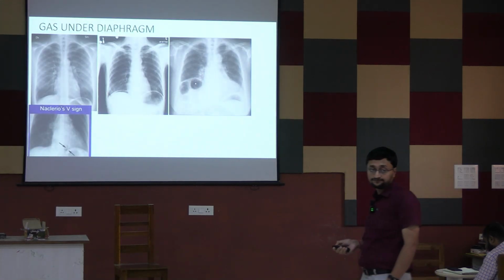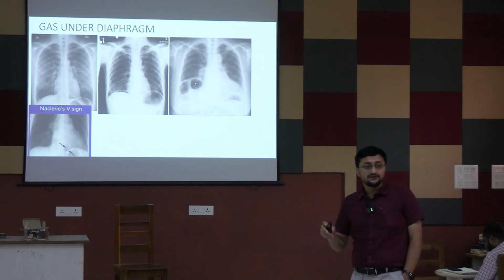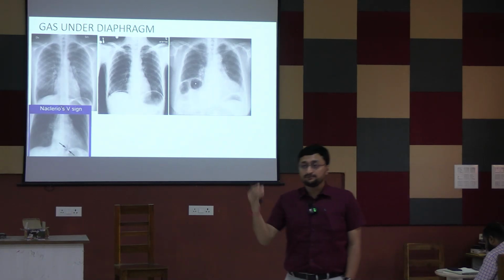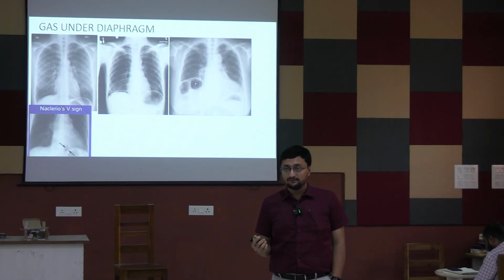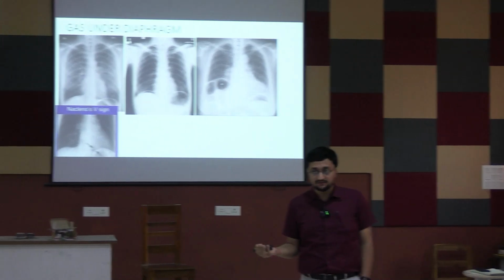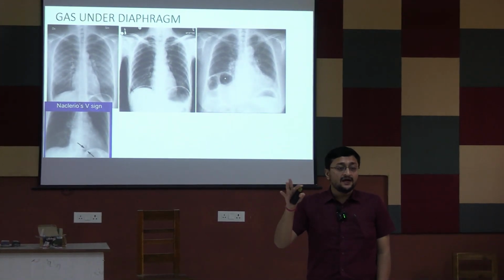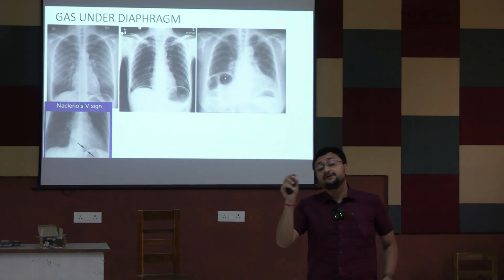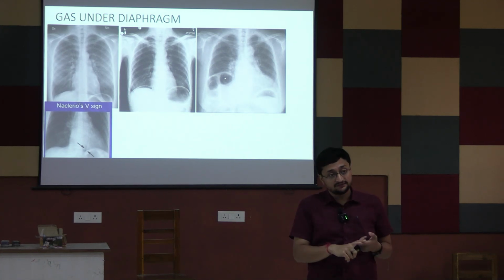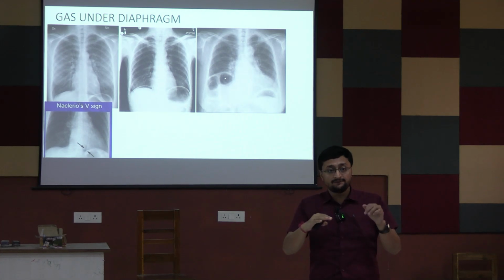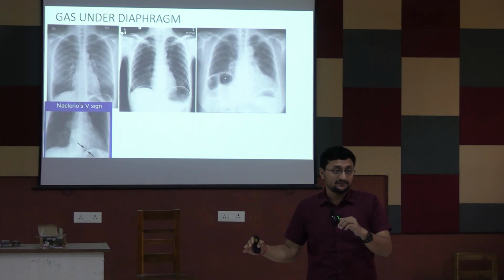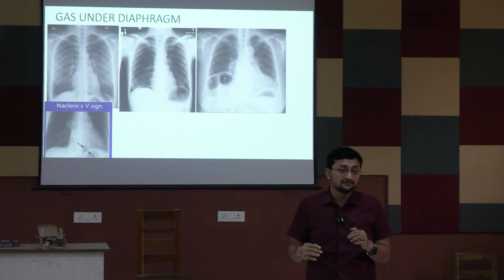Gas under the diaphragm. Normally gas under the diaphragm is present below the left diaphragm because of the fundic gas shadow, and the right diaphragm does not normally have it. If the gas shadow is present below both diaphragms, right and left, that indicates pneumoperitoneum.